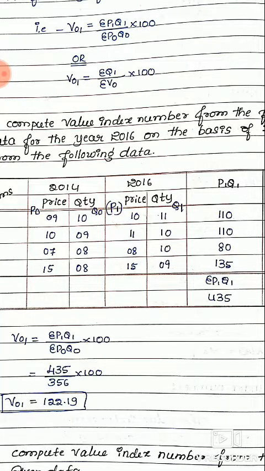Or V01 is equal to sigma V1 divided by sigma V0 into 100. Here it has to consider both prices and quantities. So this is called the value index number.